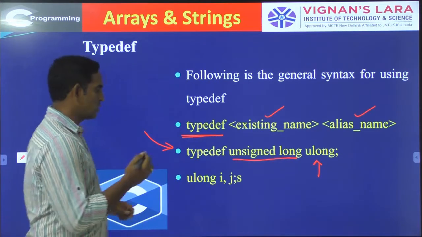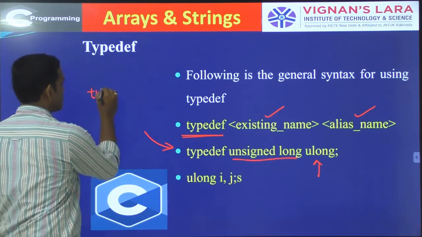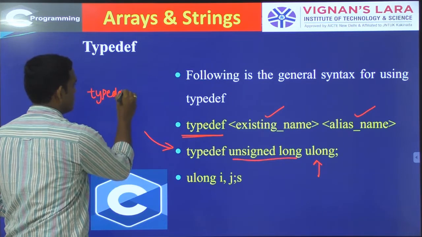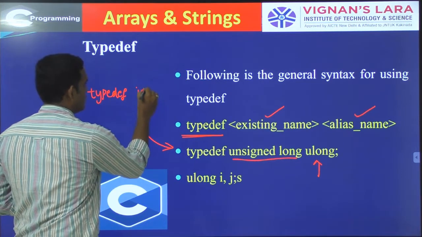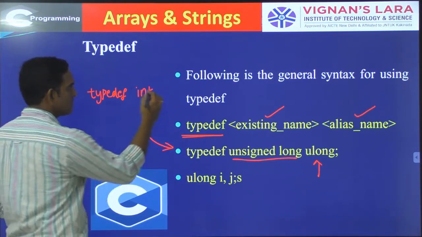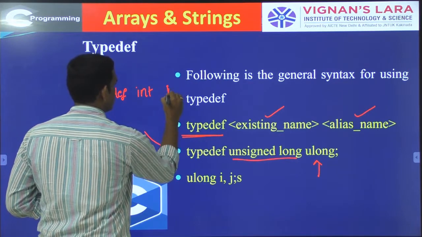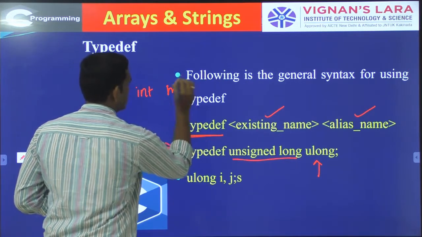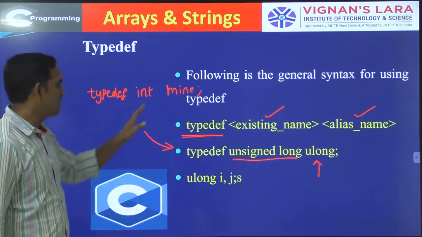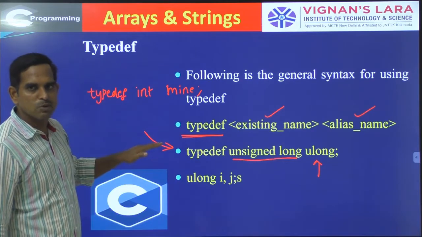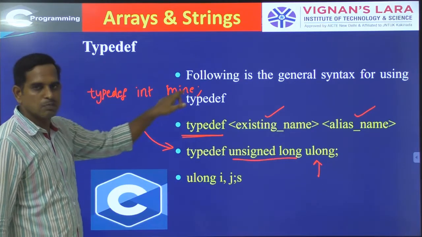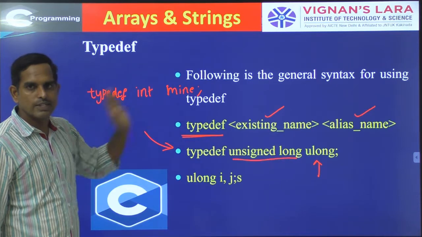If you want to rename your int as some alternative name, you can Typedef it, and from that part of the program you can use this particular word as your data type.